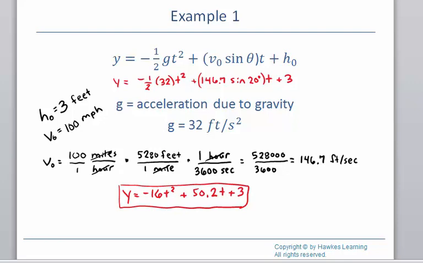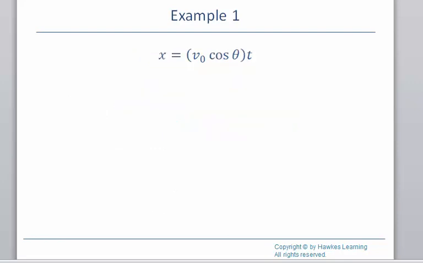Okay, so let's go ahead now and calculate our parametric equation for the x. So we have our basic formula, x is equal to V sub 0 cosine theta times t. And so I'm going to use the same values. I'm going to plug in the same number that we came up with for V sub 0, which was 146.7. I'm going to do my angle at 20 degrees.